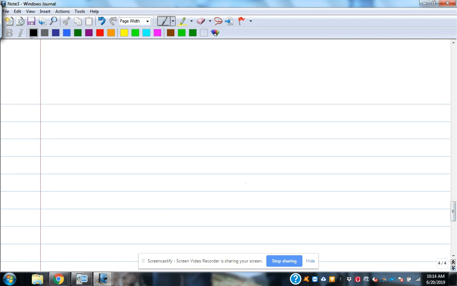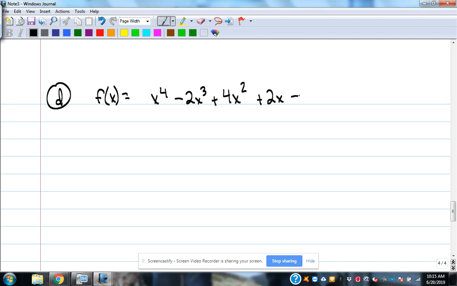So let's look at another example. Let's say here's our polynomial. We'll just get a different one. x to the 4th power minus 2x to the 3rd power plus 4x squared plus 2x minus 5. That's the polynomial we're checking.